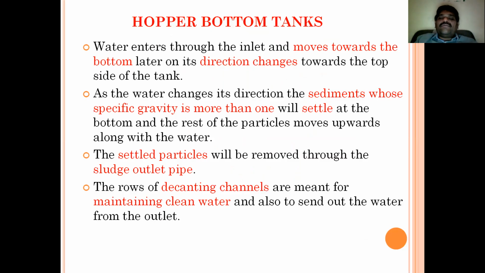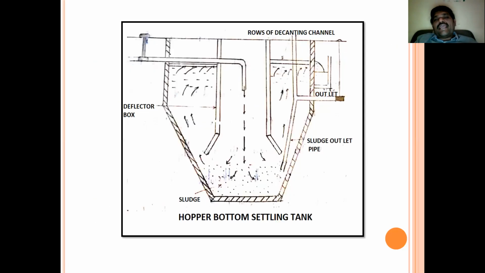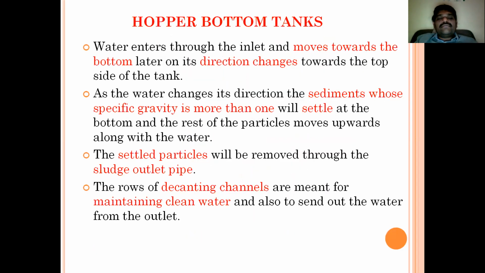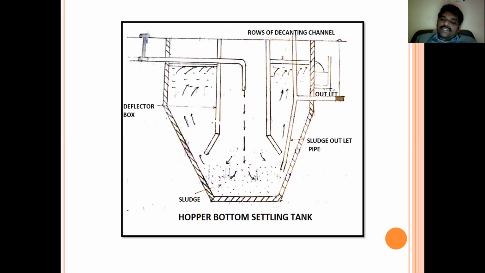The settled particles will be removed through the sludge outlet pipe, and the rows of decanting channels. These are the decanting channels. Decanting channels are meant to maintain clean water at the top of the tank, and the clean water will be sent off through the outlet.